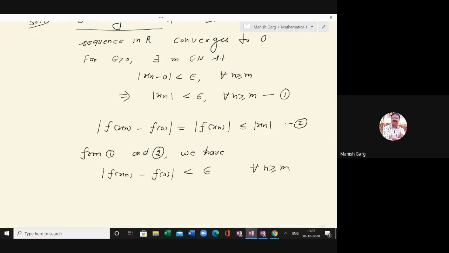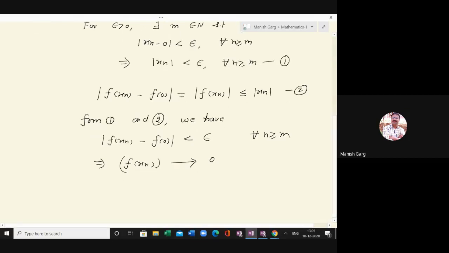So immediately, you have a sequence which converges to 0, so f(xn) also converges to 0. So f is continuous at x is equal to 0.